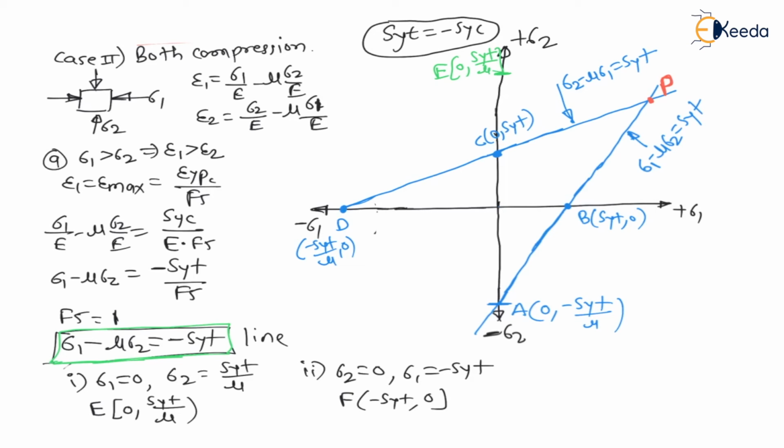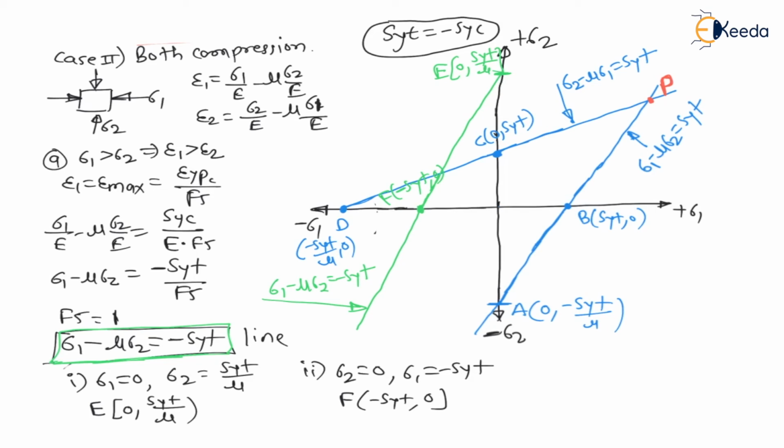And plot the F point. F is minus SYT, somewhere here, comma 0. Now join E to F. You will find one line. Now extend this line. For this E to F line, the equation becomes sigma 1 minus mu sigma 2 is equal to minus SYT.